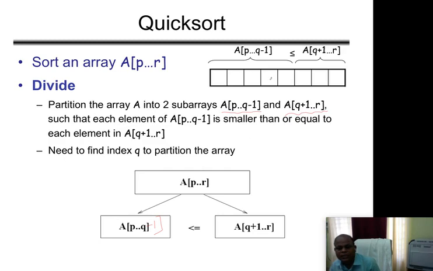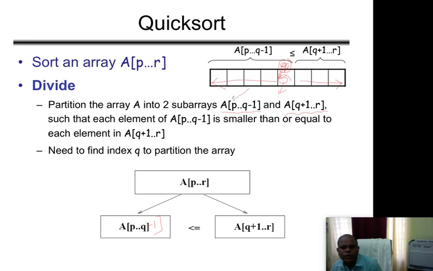Once an array A is given, we find an element whose position is, say, q, and we place this element, which is called the pivot element, in position q, such that the elements left of it are less than or equal to the pivot element, and the elements right of it are greater than or equal to the pivot element.